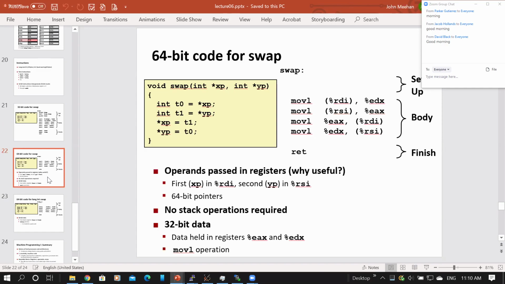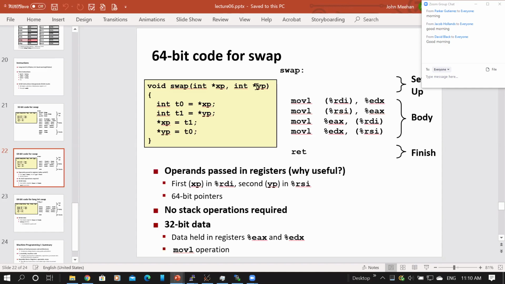So now we're going to have a convention that says the first parameter on the 64-bit computer is going to be in the RDI register. The second parameter is going to be passed through the RSI register.